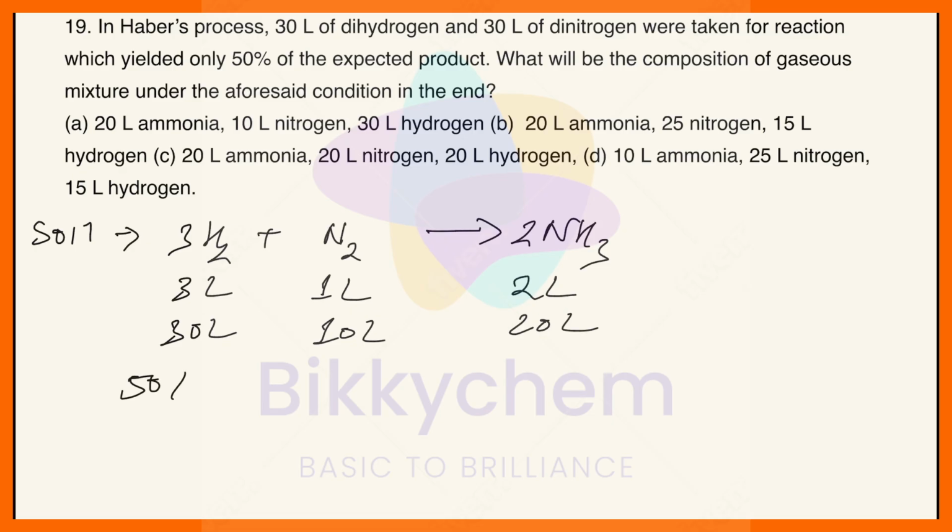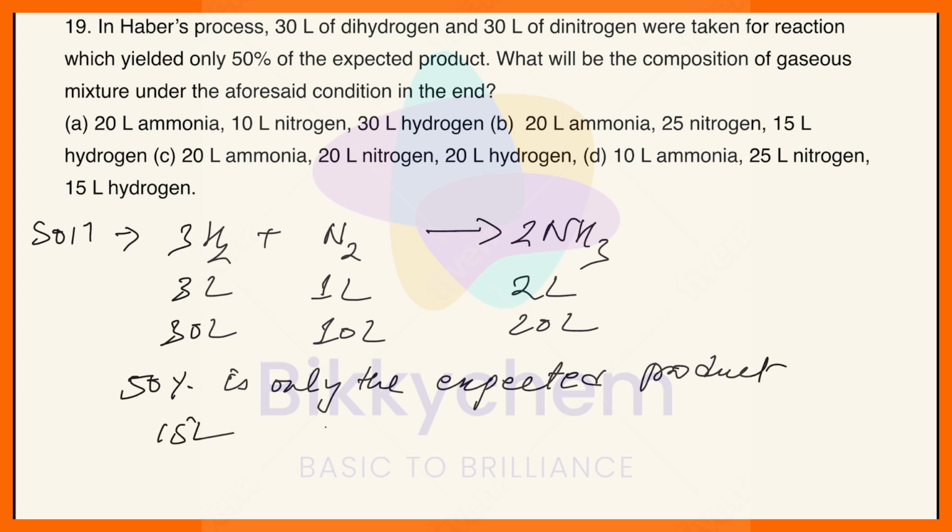So 50% is only the expected product, which means 30 means it is 15 liter only, 10 means 5 liter only, and 20 means 10 liter only.